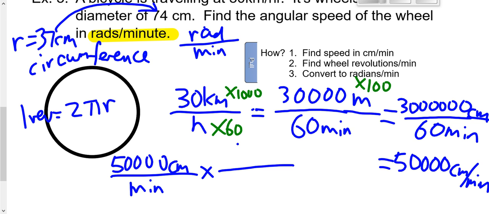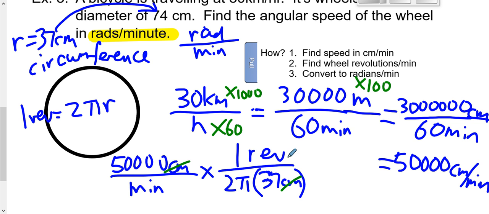So let's jot this down. 1 revolution per 2 pi. What's my radius? Right here, 37 centimeters. And as you can see, if you write this way, then the centimeters would cancel out. If you flip this upside down, the units don't cancel out, then you know something is wrong.